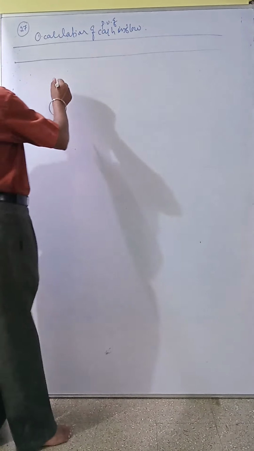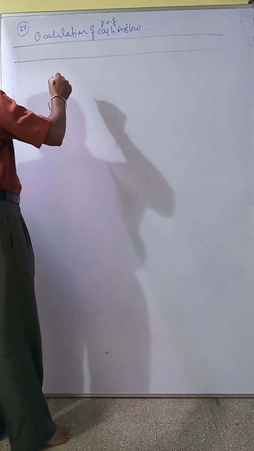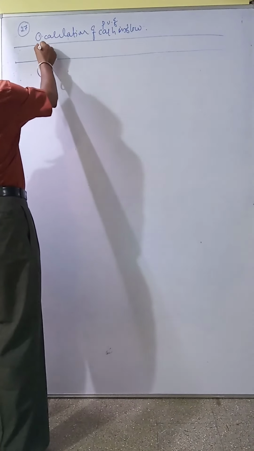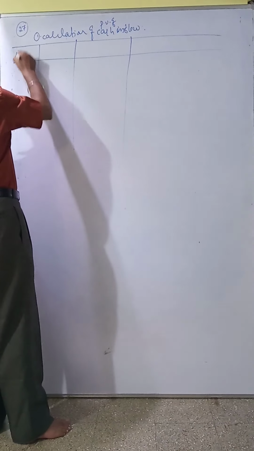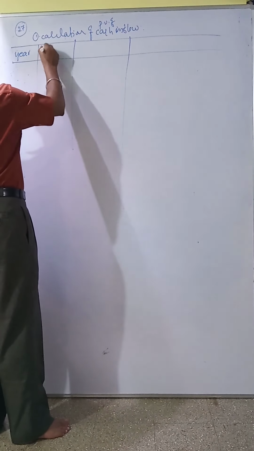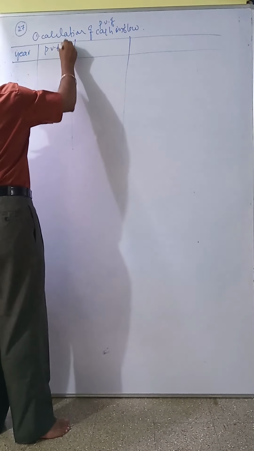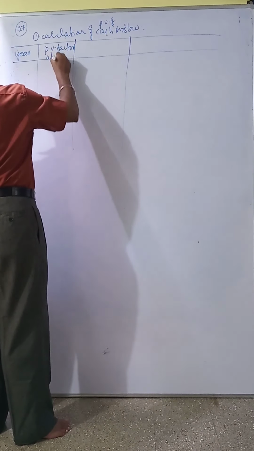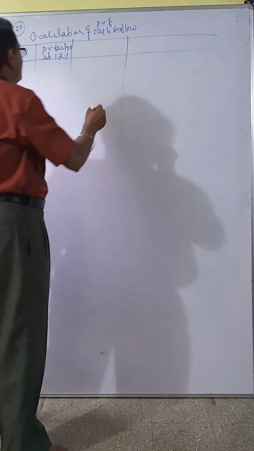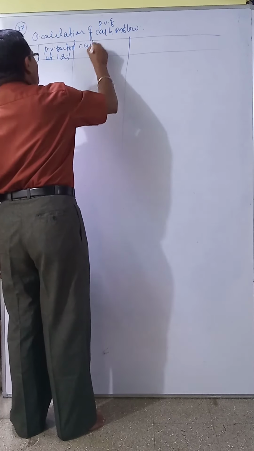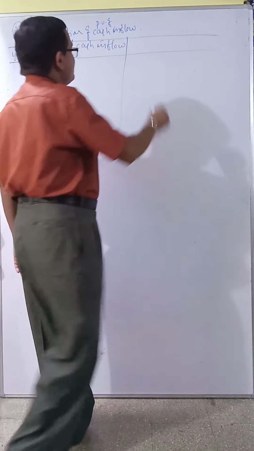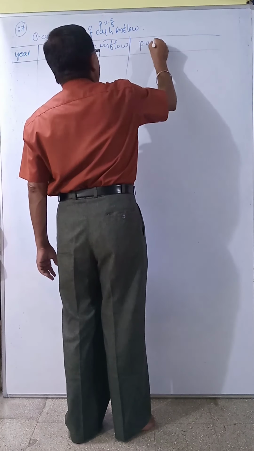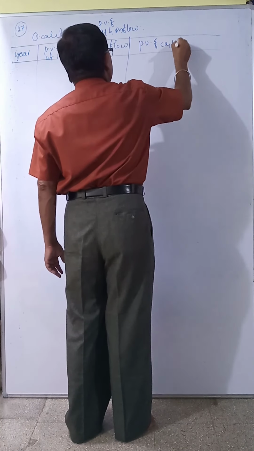Now see, make it 4 columns. First column: year. Next column: PV factor or discount factor at 12%. Next column: cash inflow. Next column: present value of cash inflow.